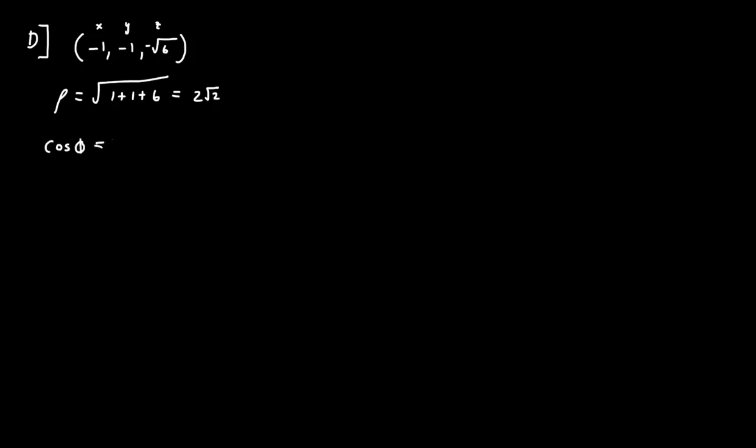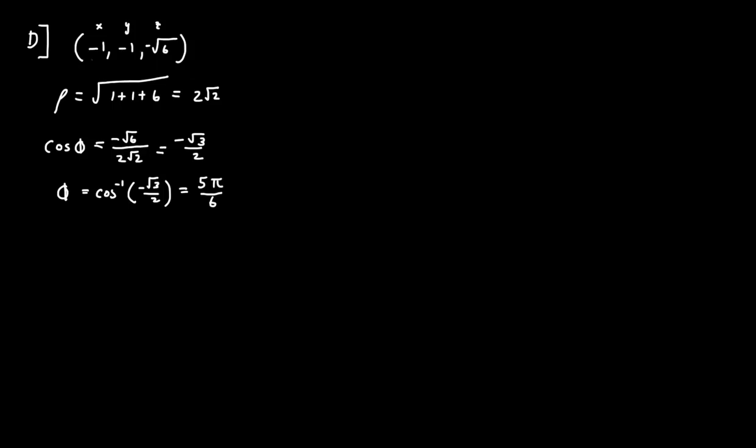The cosine of phi is going to be negative radical 6 over 2 radical 2, and that comes out to be negative radical 3 over 2. Consequently, phi is going to be the inverse cosine of negative radical 3 over 2, and that, of course, is 5 pi over 6.